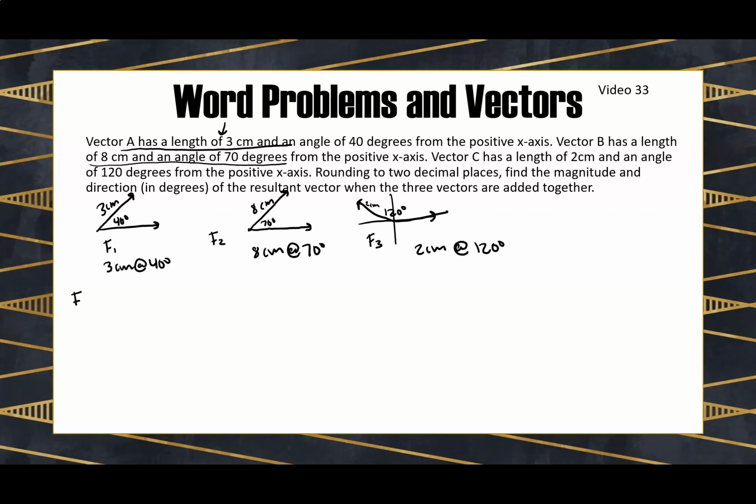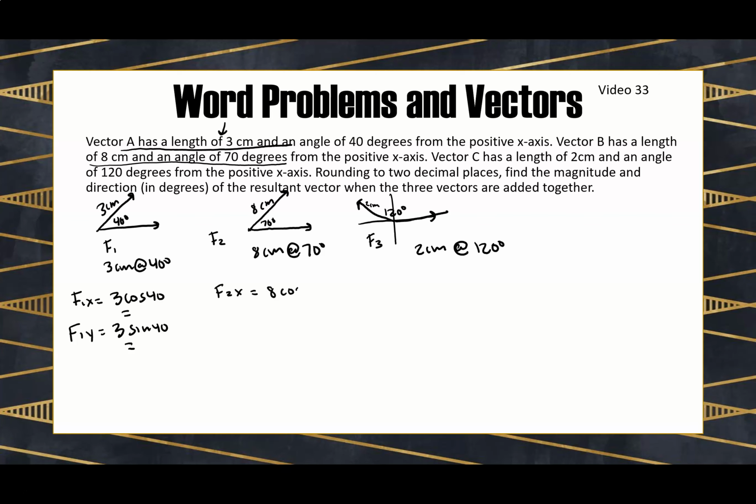F sub 1 of x is going to be 3 cosine 40. F sub 1 of y equals 3 sine 40. Okay, just put these here. This is going to be F sub 2 of x, or you could put the x first and the 2. Doesn't really matter to me.